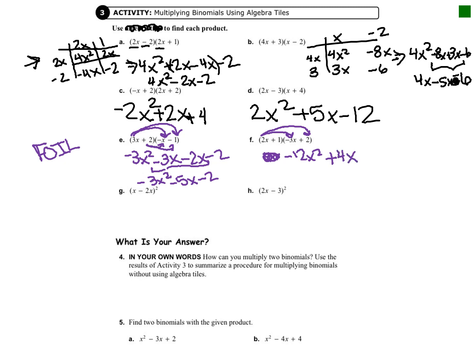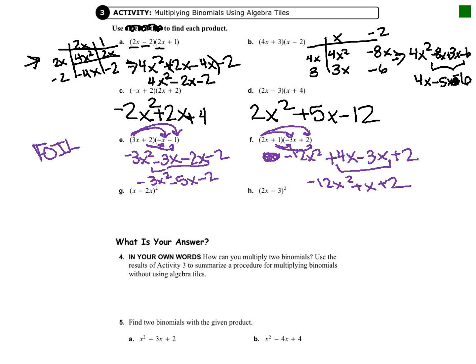Now I'm going to do the inside terms. 1 times negative 3x and 1 times negative 3x is negative 3x. And the last terms, 1 times 2 and 1 times 2 is 2. Combine your like terms. Negative 12x squared plus x plus 2.